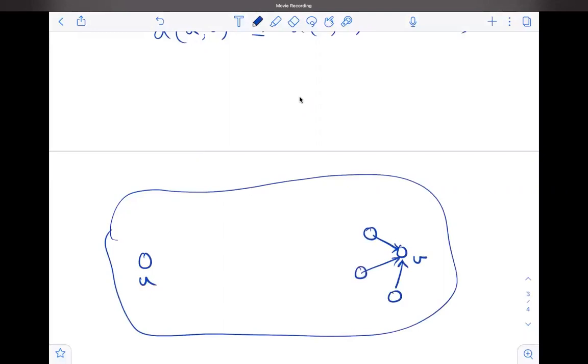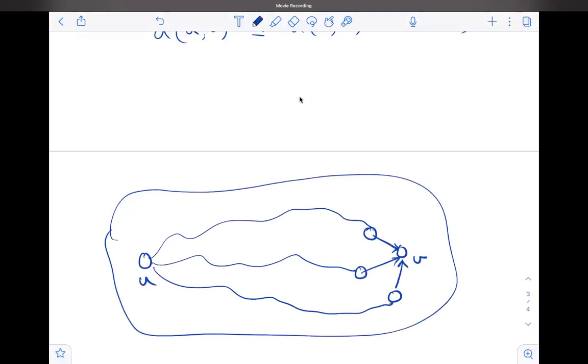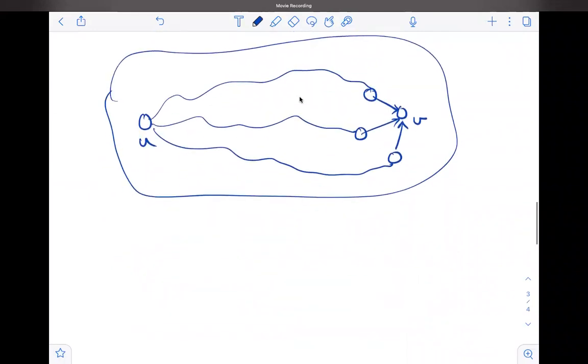Okay, fine. And I'm going to think about the shortest path to these neighbors. The shortest path from U to this one, from U to this one, if I can find it, then the shortest path would be the minimum of these things. The shortest path between U and V. So let's call this one distance.